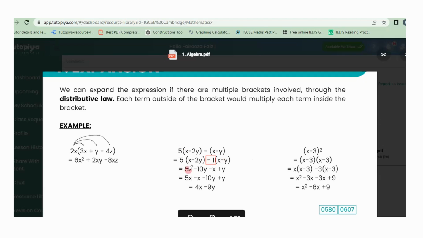So here we have 5x minus x, which makes 4x, and negative 10y plus y makes negative 9y. Can we simplify this further? No, we can't simplify this further. Thank you for the answer. So this will be the final answer, because 4x and 9y are unlike terms.